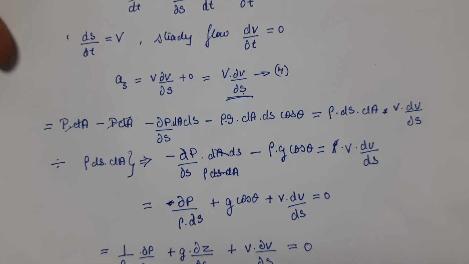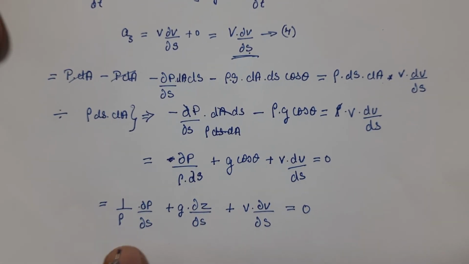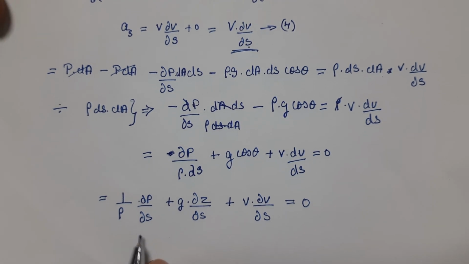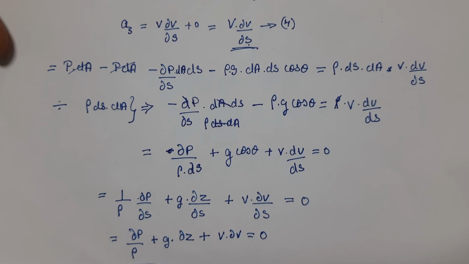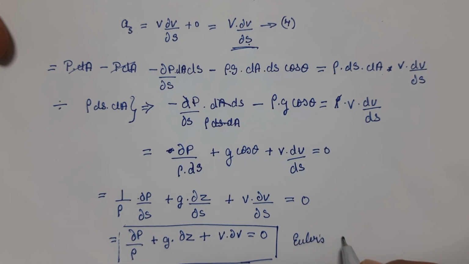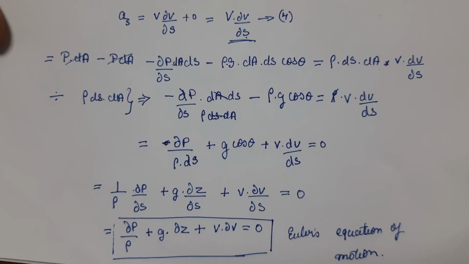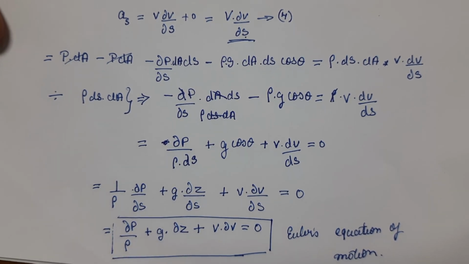Since ds is in the denominator, you can even write this equation as dou p by rho plus g dz plus v dou v is equal to 0. So this is Euler's equation of motion.